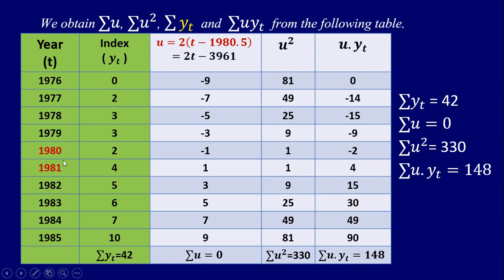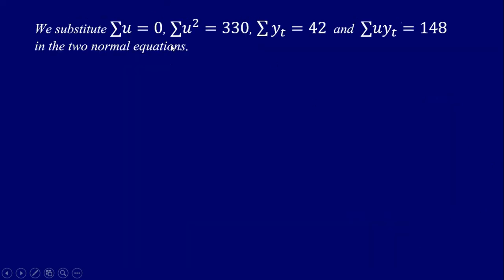We take their mean, subtract it from t and divide by the difference between two successive years divided by 2, that is h by 2. So we get the value of u for these two middle values as -1, 1, and above -1 we have -3, -5, -7 and so on, and below 1 we have 3, 5, 7, 9 and so on.